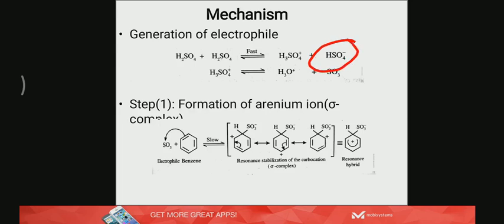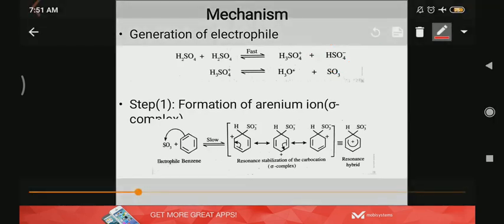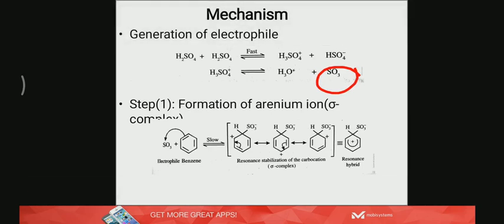Now H3SO4+ undergoes cleavage, heterolysis, producing H3O+ and SO3. So here SO3 is the electrophile during sulfonation reaction.